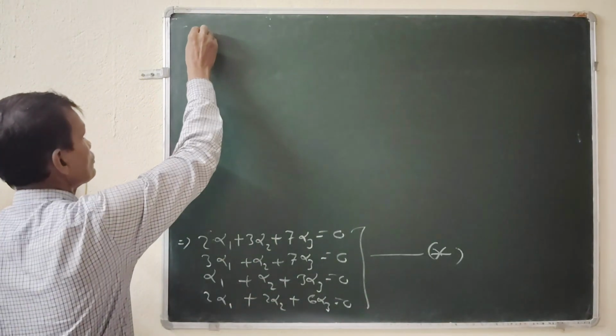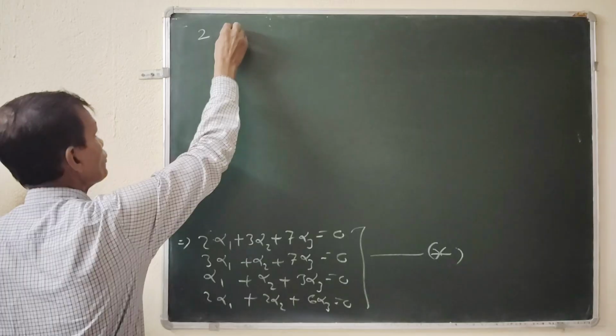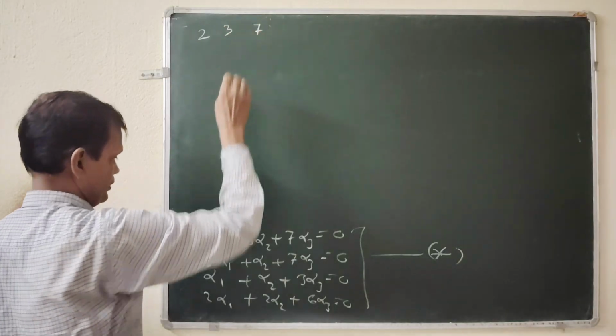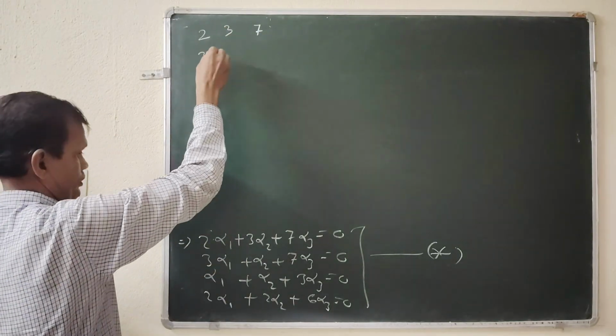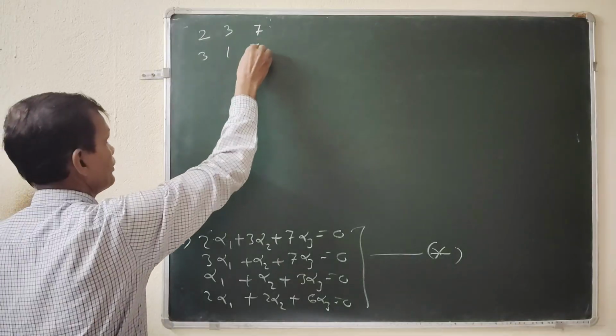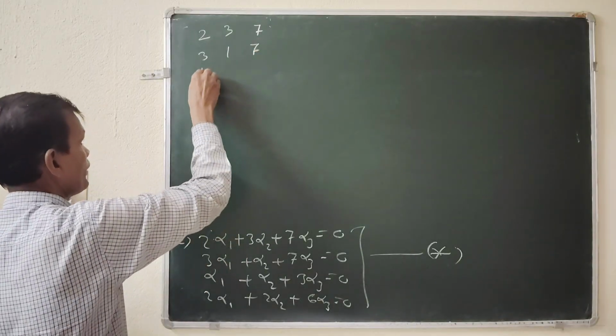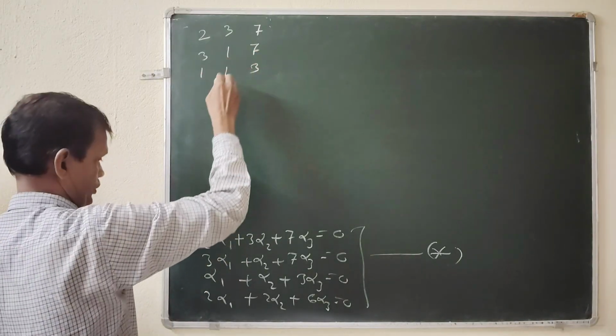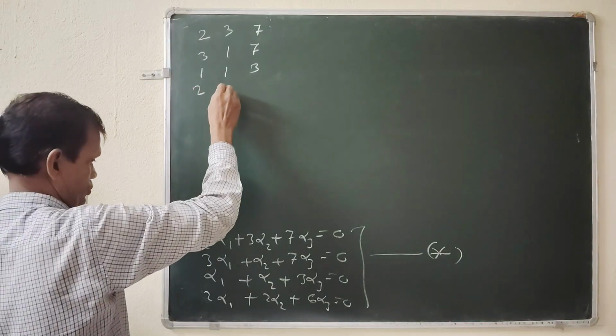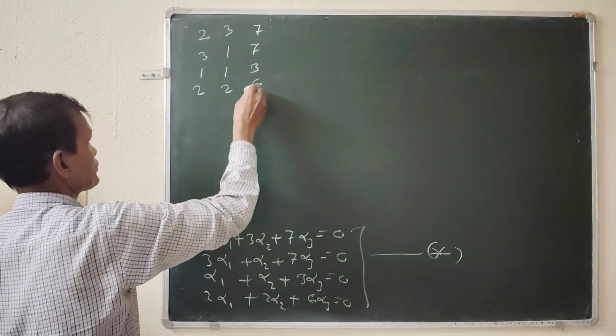That is 2, 3, 7, 3, 1, 7, 1, 1, 3, 2, 2, 6.